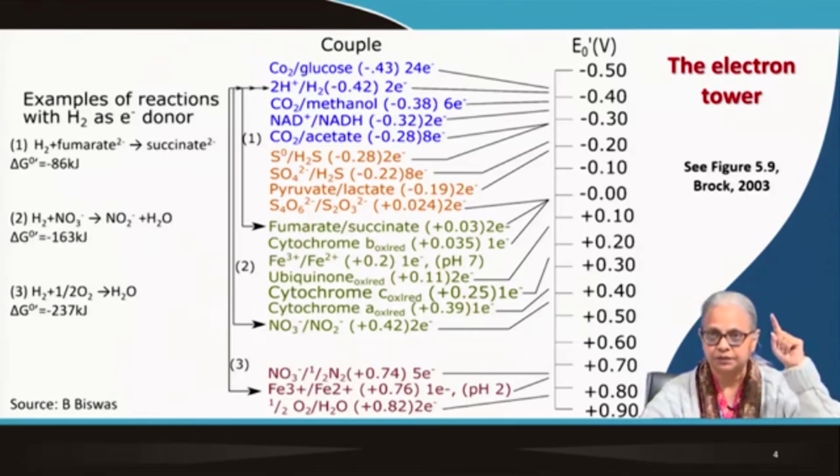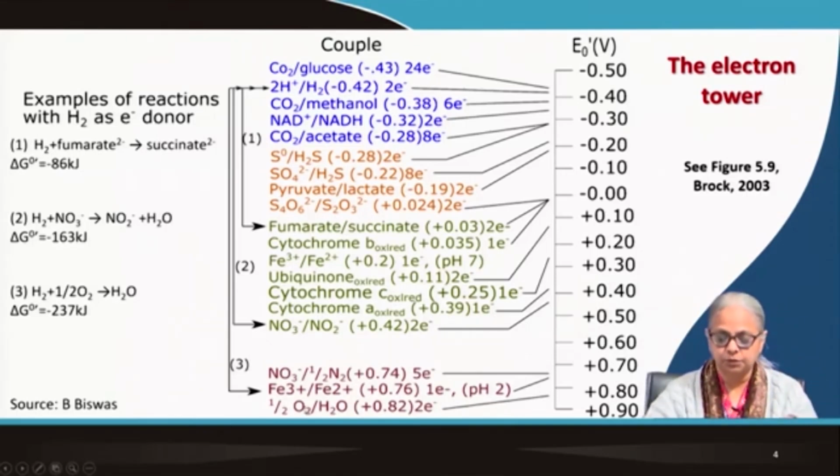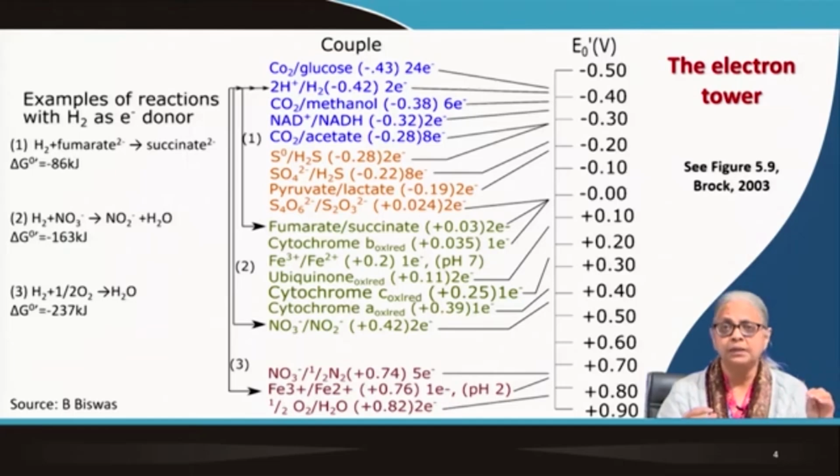The first one is the top one, and at the bottom you have O2 going to water. So the highest release of energy happens in aerobic respiration when you have a compound that is highly biodegradable like glucose combining with oxygen and going to CO2 and water. So that is one example.